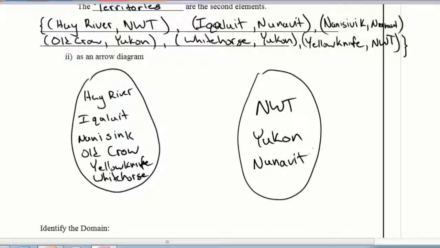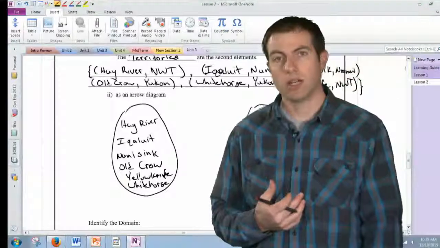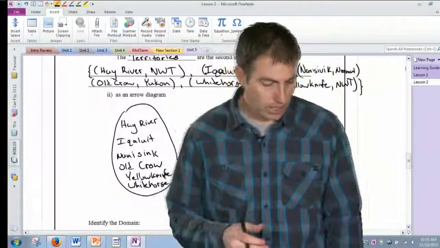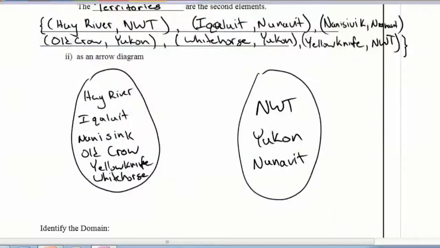Now I just need to draw arrows to indicate which city is represented in which territory. So Hay River, where was that one? Hay River was found in the Northwest Territories. There we go. And then Iqaluit is in Nunavut.